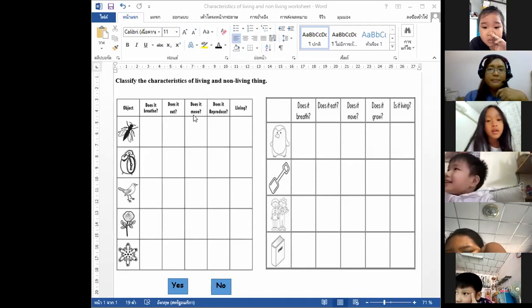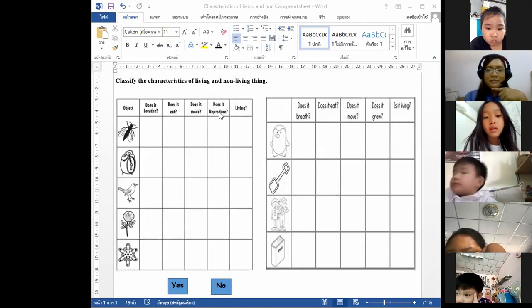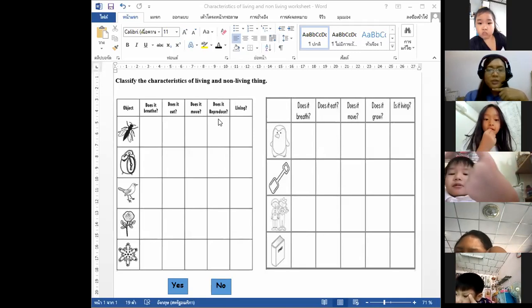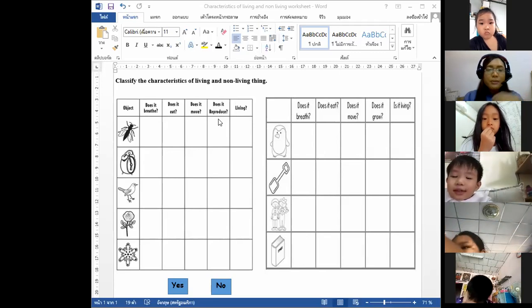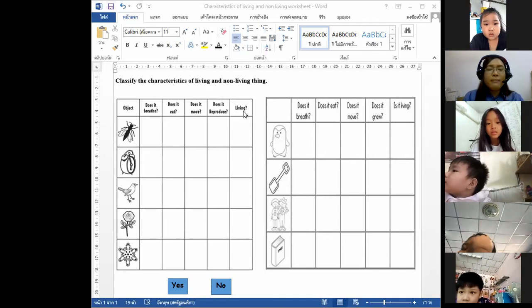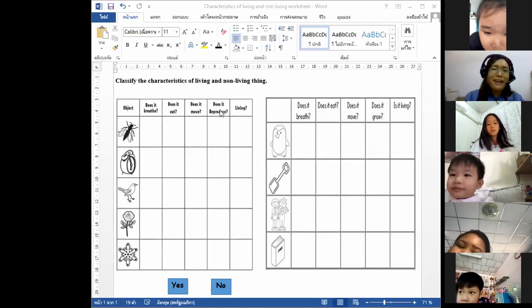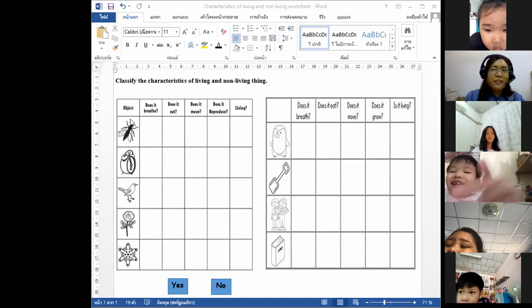Number 3: does it move? Very good. Number 4: does it reproduce? Very good. And what about the last question? Living. Very good. King Mark.